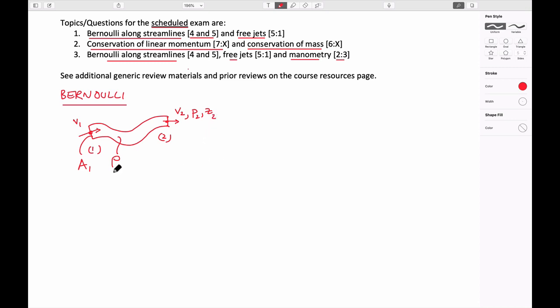And based on that, for our coordinate system, which is really along the streamline, the z coordinate matters, which is positive upwards.